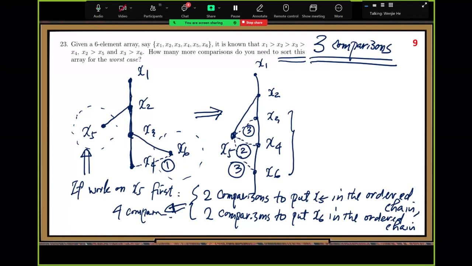For different orders, your solution result could be different. So you should be very careful choosing the best way to process your data. The processing order is important. So next example.